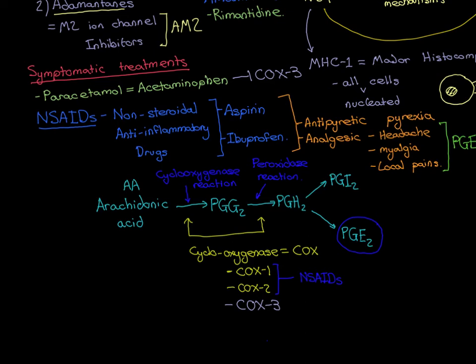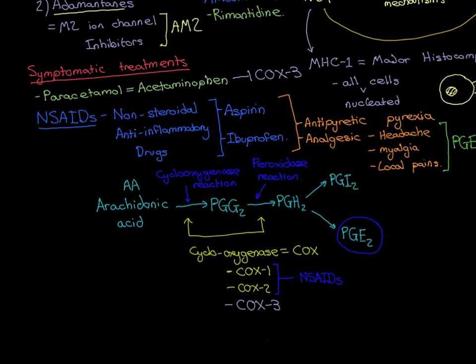Problem solved. The problem is it's not completely solved, because we don't think cyclooxygenase 3 is actually in the right places. We haven't really found it in these places that it would need to be in, like the skeletal muscle tissue or the local tissues where prostaglandin E2 is synthesized. So we don't really know whether this actually is the way paracetamol works.